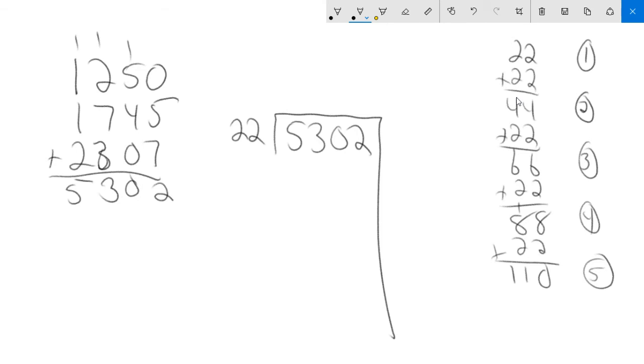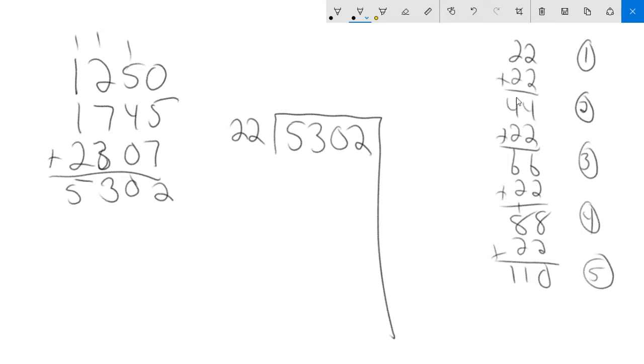So taking a look, now I'm going to do the same things that we did yesterday. I'm trying to figure out how many shapes each kid's going to get. So I'm breaking up these 5,302 shapes into 22 equal size piles for these kids. And then I want to know how many shapes they actually get out of that.